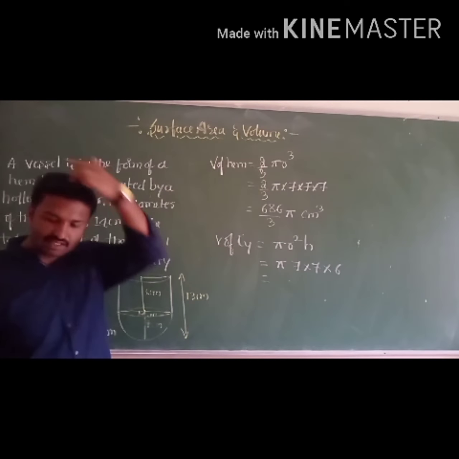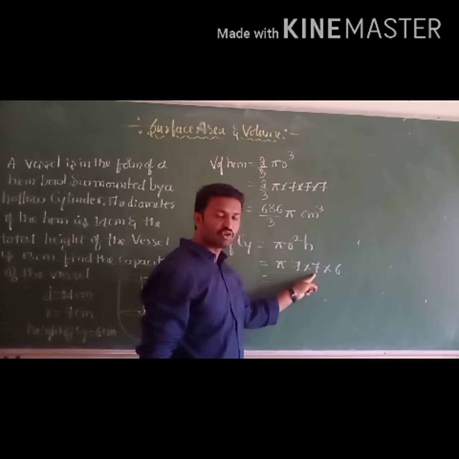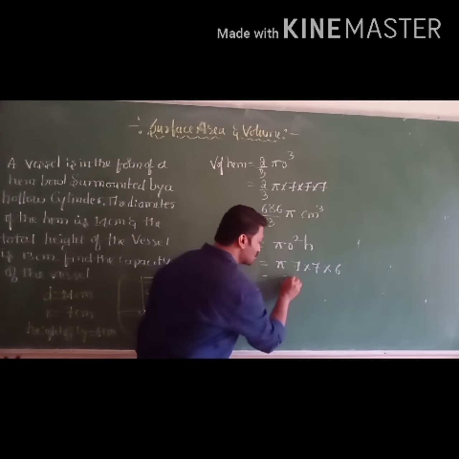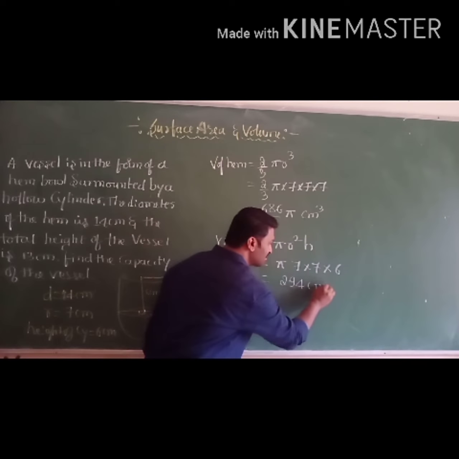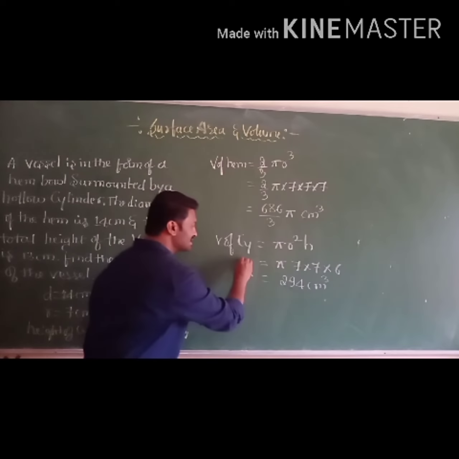After multiplying, 7 into 7 is 49, into 6 is 294. 294 pi cm cube is the volume of this cylinder.